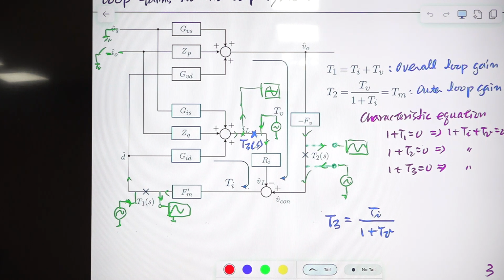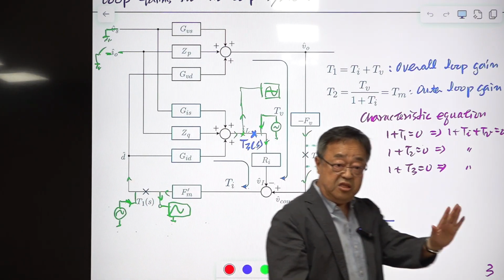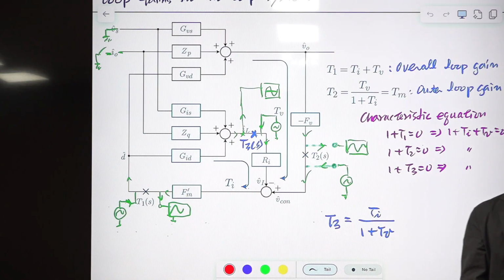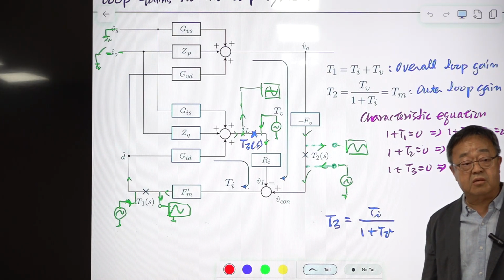There is this one common thing, and any possible loop gains predict the same information about the stability of the system. That is also called the unity of the characteristic equation. There is one system, there is only one unique characteristic equation. The root of that characteristic equation determines the stability of this system.